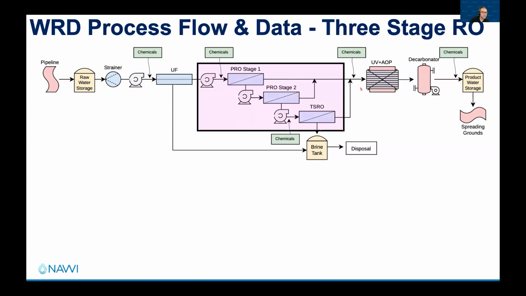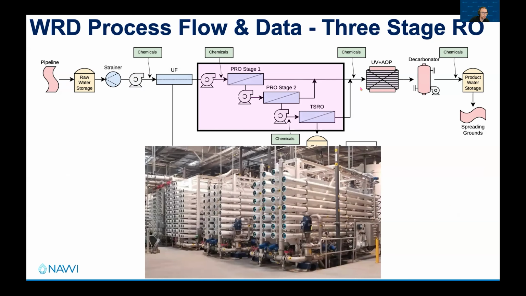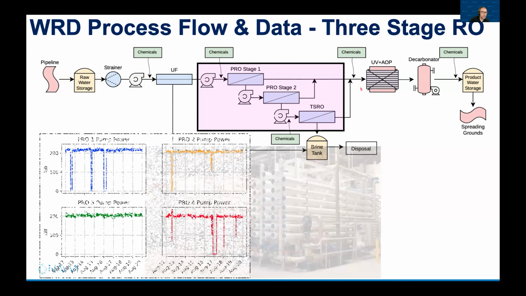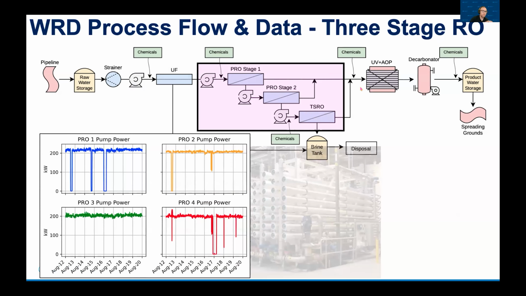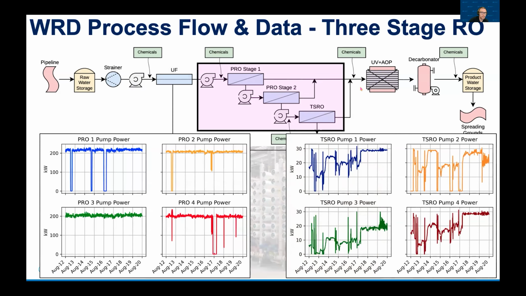All of that water is collected and sent to the primary driver here, which is the RO system. It's a 3-stage RO. We got our data for the PRO, or the primary RO system, and then the TSRO, or tertiary stage RO system. So I'm showing here just the power data we got for the feed and interstage pumps for PRO, and then the tertiary stage RO pump power.